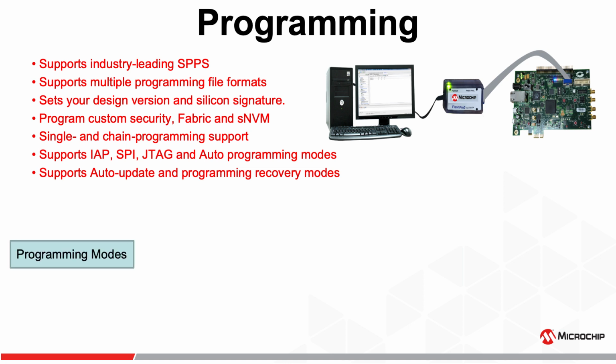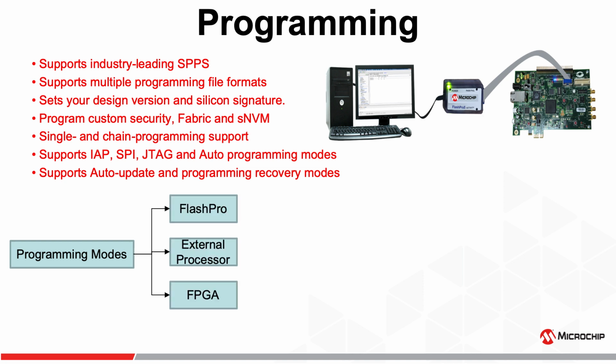You can program it using FlashPro hardware, using an external processor, and finally you can program the FPGA using the FPGA itself, because inside the FPGA there is something called a system controller. That system controller acts as an SPI master, and it will program the FPGA.